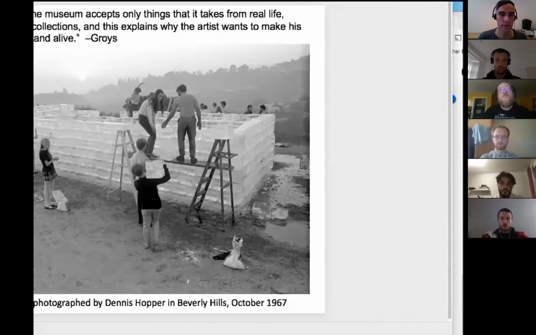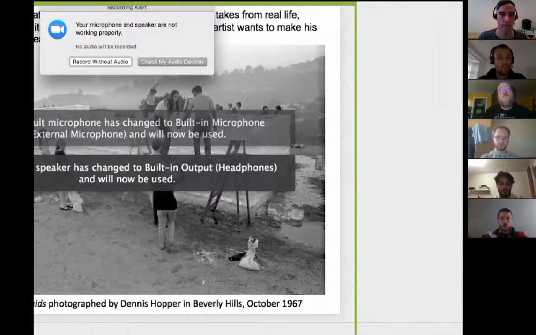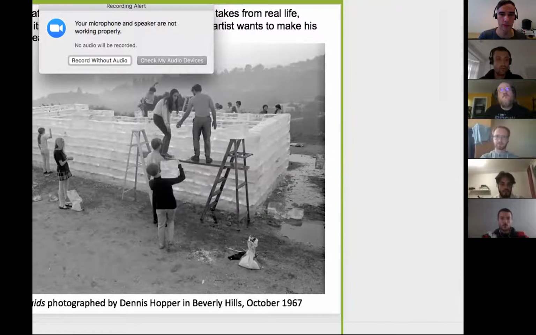Can you see my screen? Is my screen visible? Yes. Can you hear me okay? Yeah. Okay, because it's telling me I'm getting an audio error message.